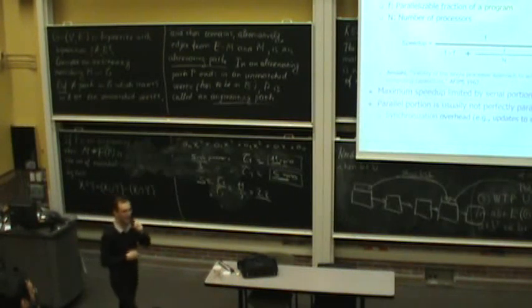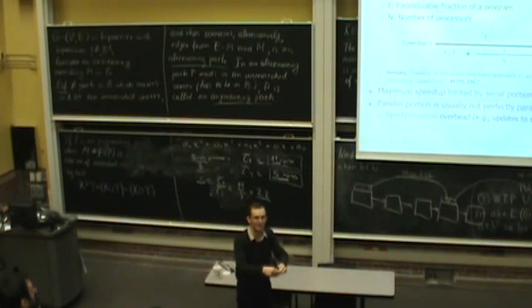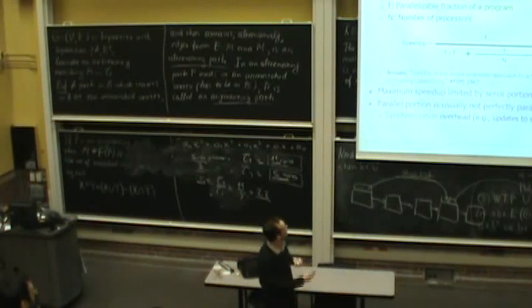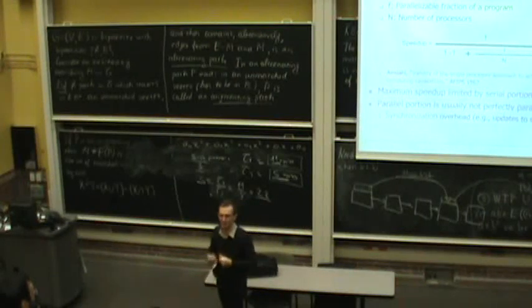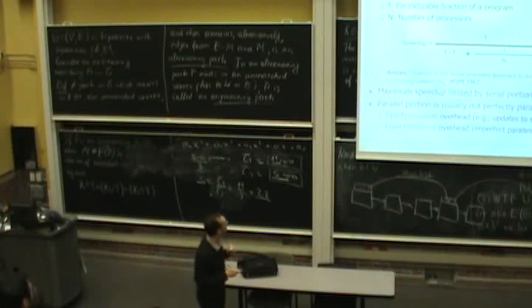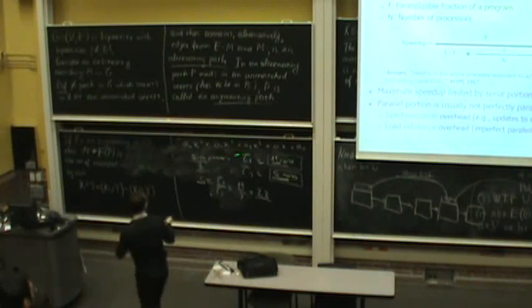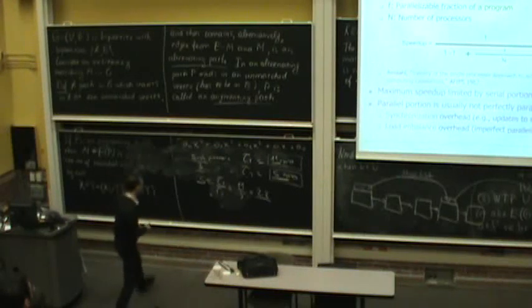Why? Because you have synchronization overhead. When you update shared data, processors need to synchronize. So your n is not actually dividing that portion well, because there are some portions over there that you cannot parallelize also. Load imbalance.